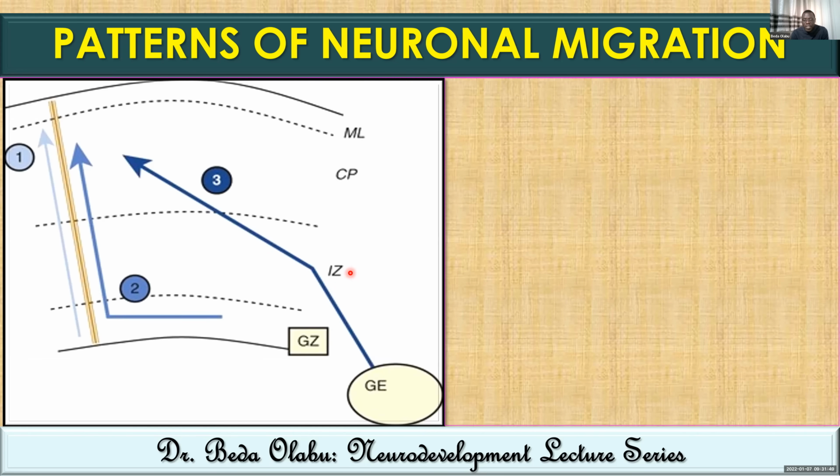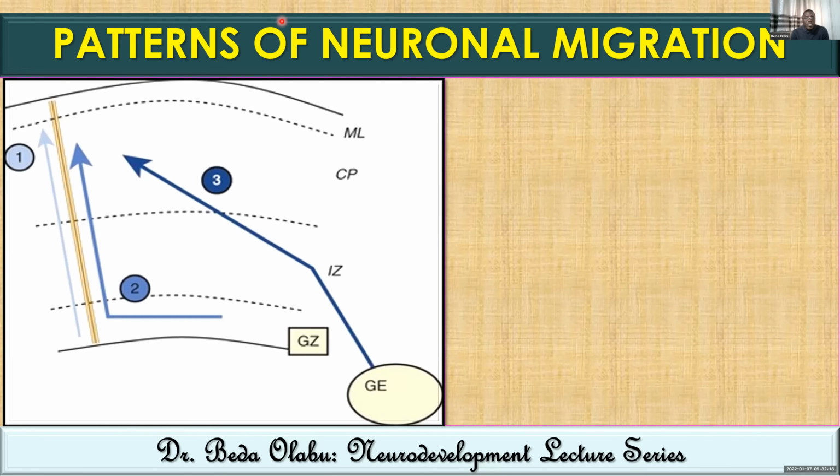Because remember, in the brain cortex, gray matter is outside and white matter is inside. GE here means ganglionic eminence, and this basically represents the nuclei within the cerebrum, maybe thalamus or basal ganglia.